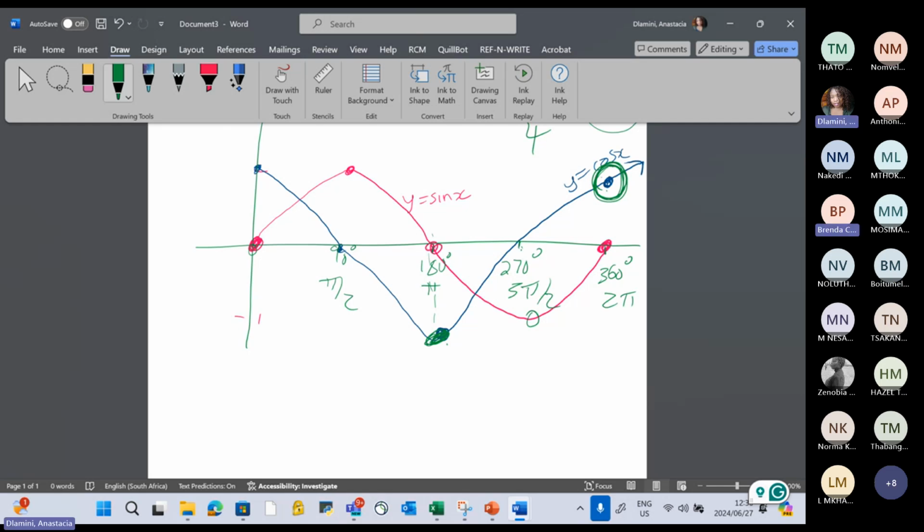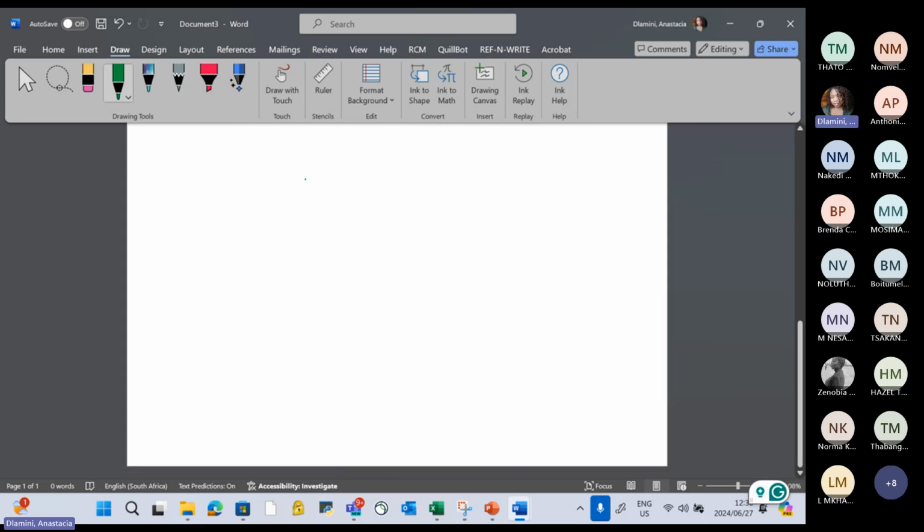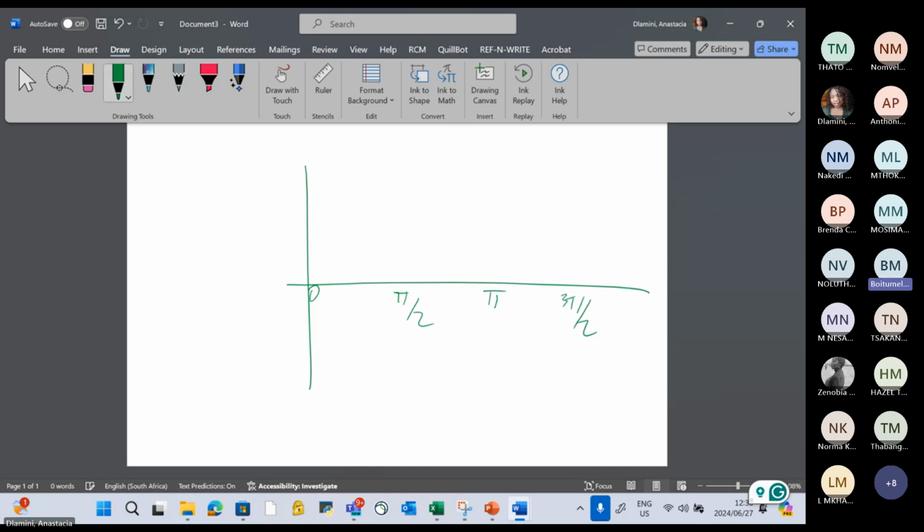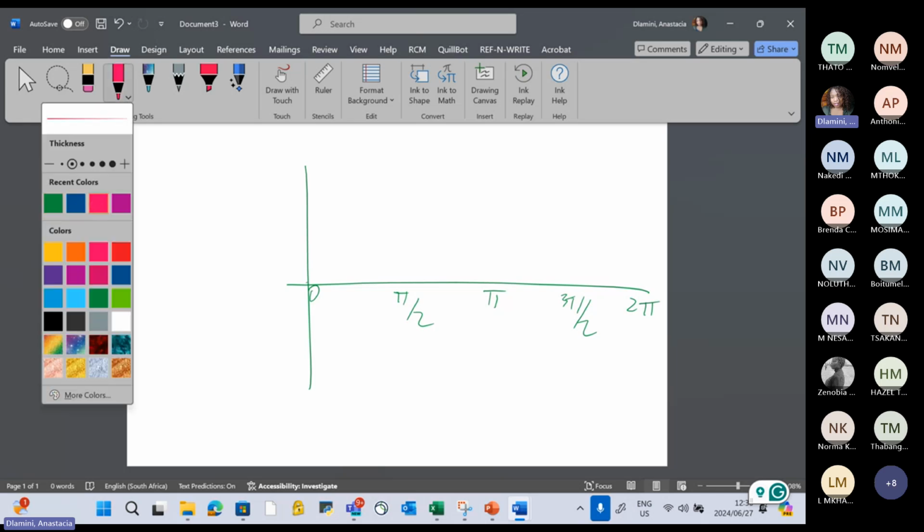Okay, let's draw like this. Let's start like this. Remember, we said it will be 0. And now I'm going to radians. I think you now know what pi and 2 pi are. So sine always starts at 0.